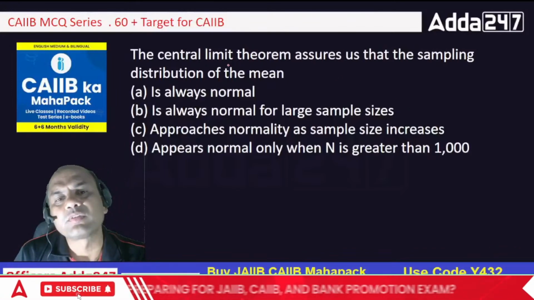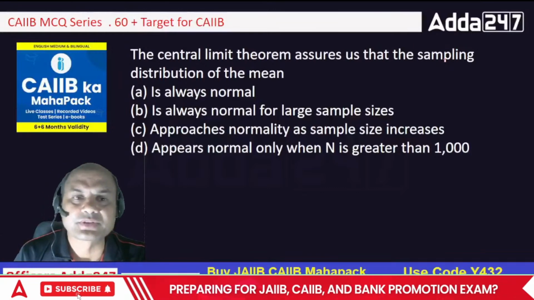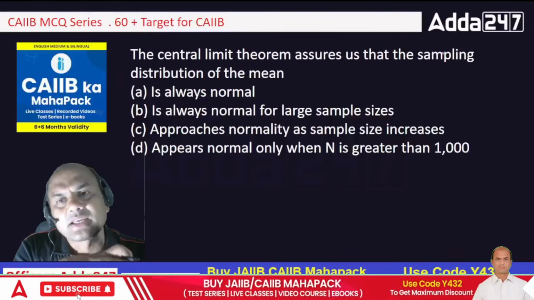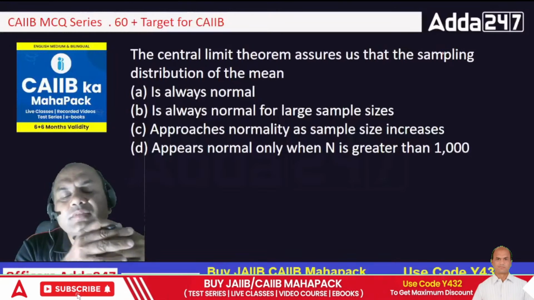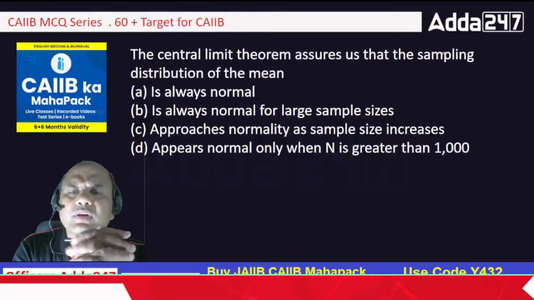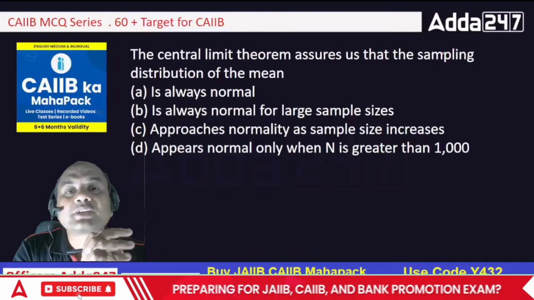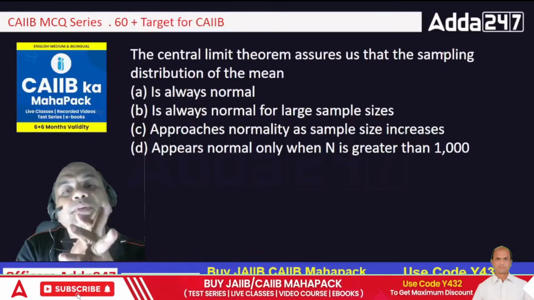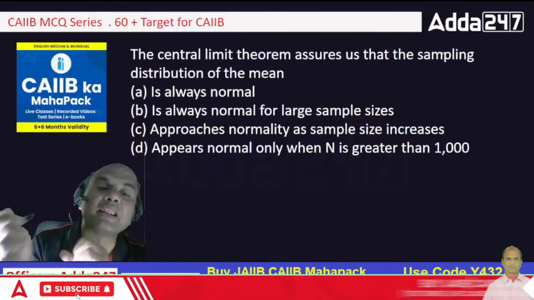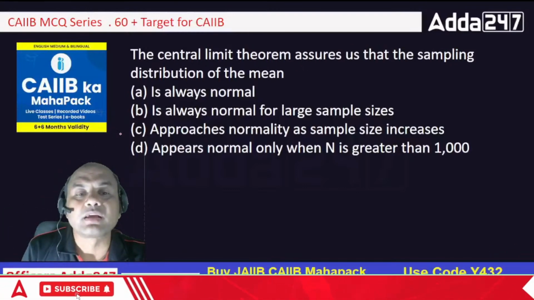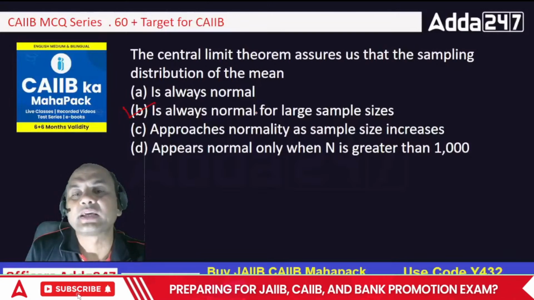It always discusses the sampling distribution. It says that for large sample sizes, your sampling distribution will always be normal, and that is the answer over here. B, is always normal for large sample sizes.